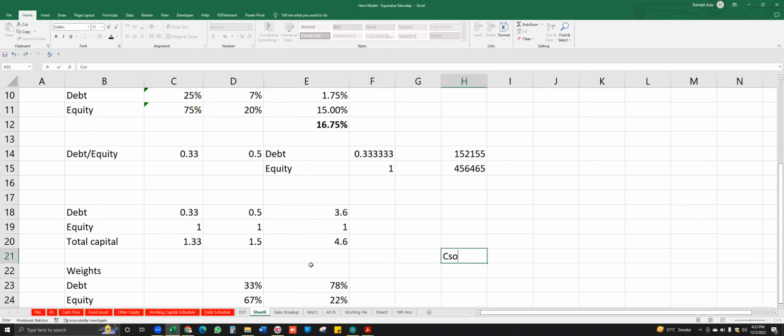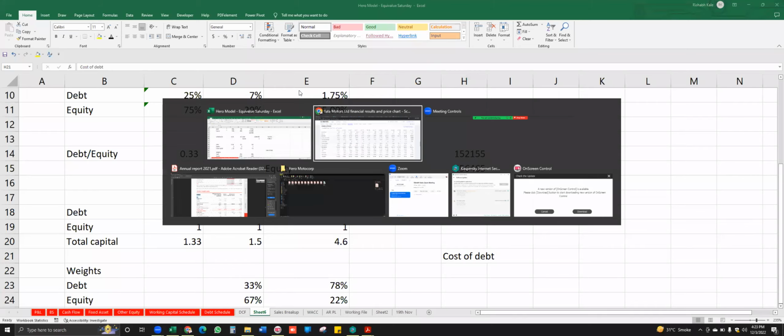Okay, can you find cost of debt in the balance sheet or P&L? From the financial statement, cost of debt is what? Interest expense. Can you find this? Can you find cost of debt if I give you an annual report?